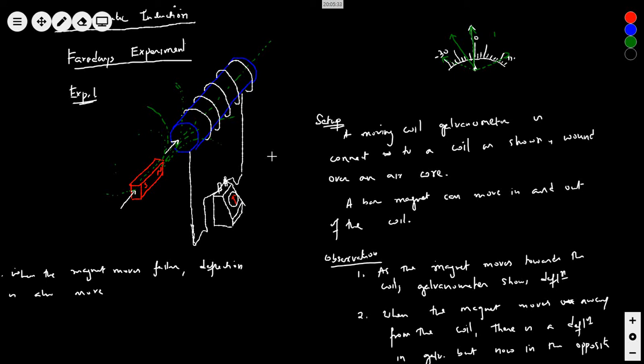Sir, there will still be deflection in the opposite direction. Very good. And if it is coming out, the south pole coming out from the coil, then?